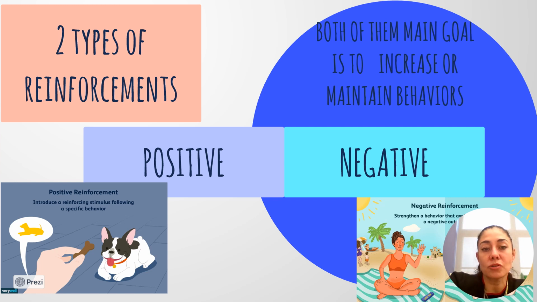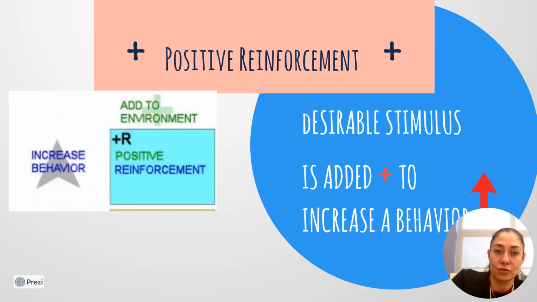Positive reinforcement occurs when a stimulus immediately follows a person's behavior, increasing the likelihood of the behavior occurring again in the future. In other words, in positive reinforcement, a desirable stimulus is added to increase a behavior.